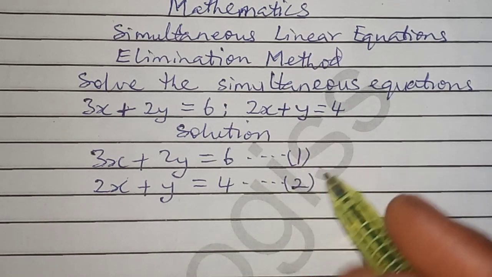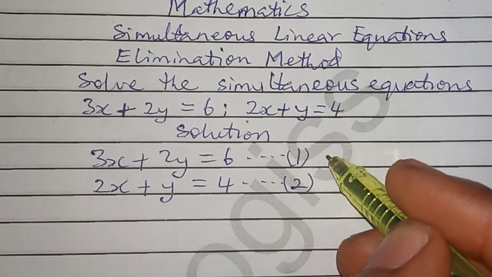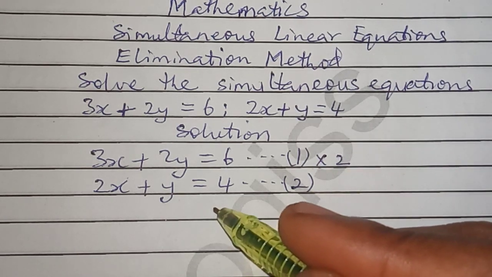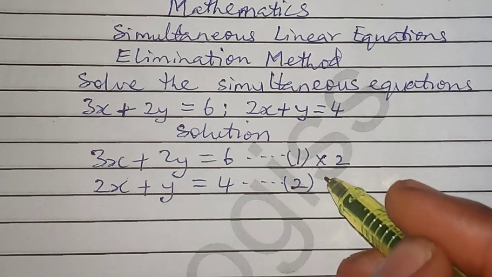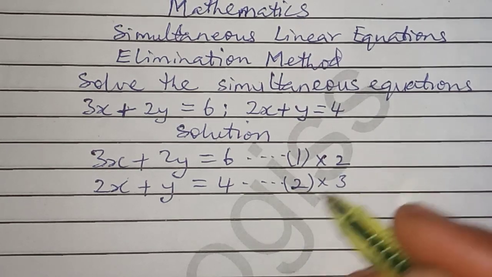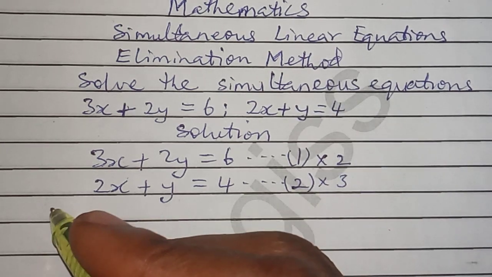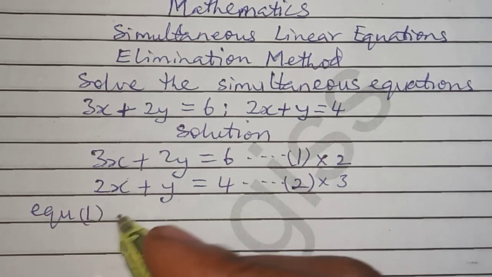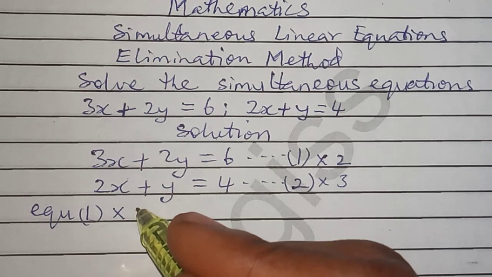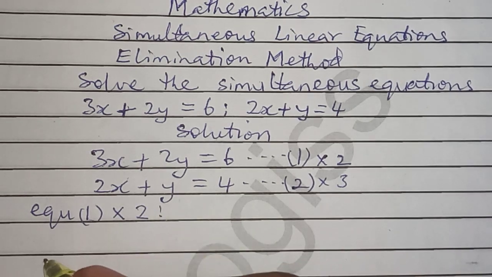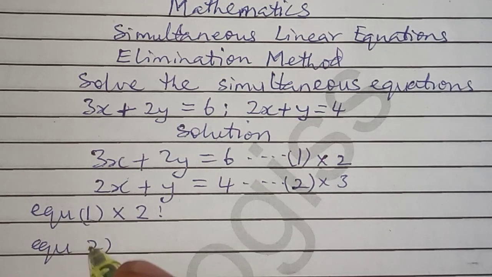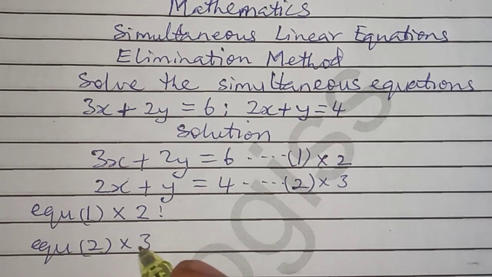So we can say that this is equation 1 times 2 and equation 2 times what? 3. So we can write this equation 1 times 2, and the next one is equation 2 times 3.